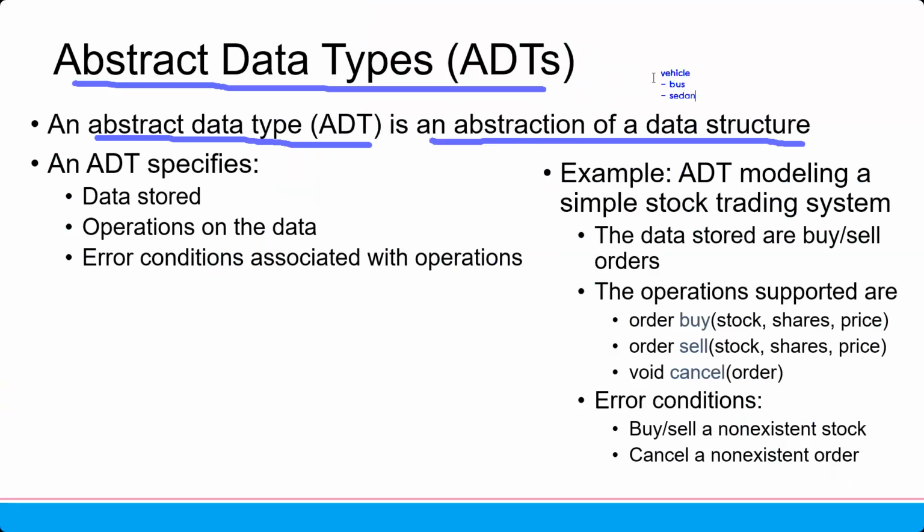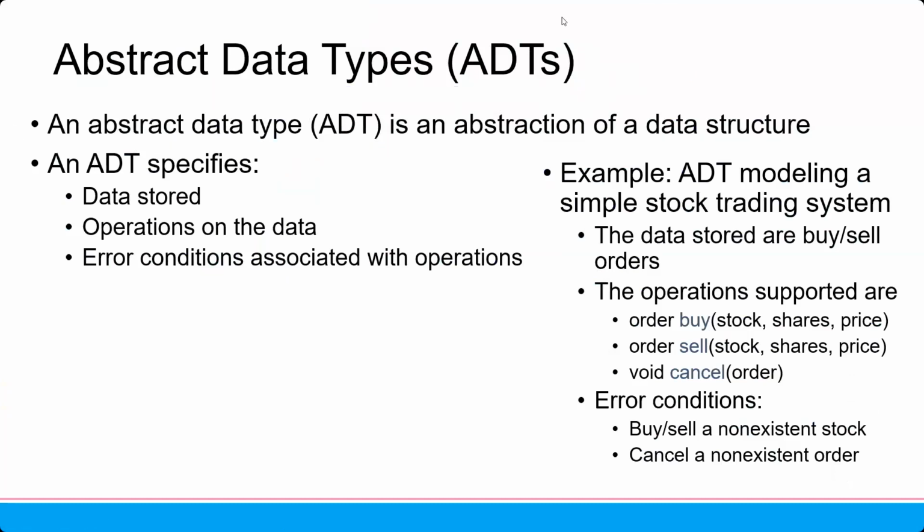The same with data structure, we can build an abstraction. So we can make all the same properties and use the methods for different kinds of problems. Because this is the ADT. The ADT specifies what data is stored, what operations are on the data, and what error conditions are associated with operations.